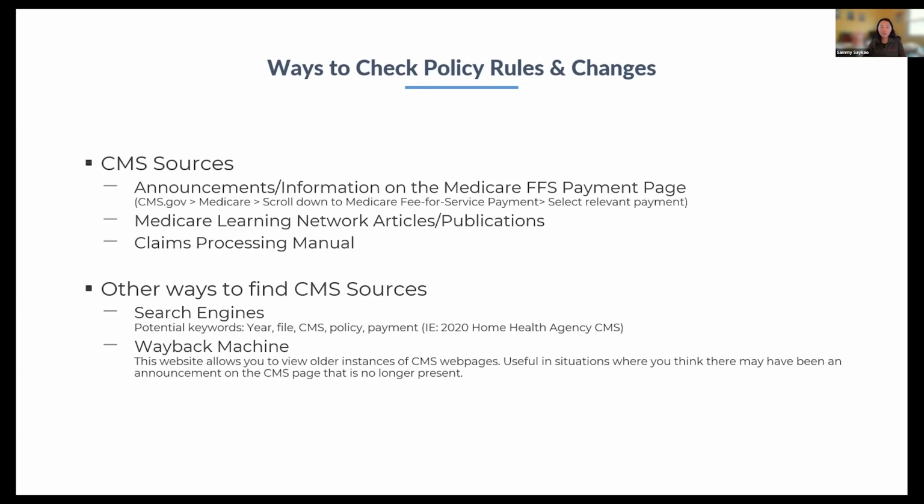For CMS, you can go back as far as 1996 or 1992. It goes pretty far back. Not every page is documented, so you will come up with a lot of 404s or error missing pages, but when you do find it, it feels very rewarding. So definitely try the Wayback Machine if there's an older policy that you're having trouble finding information on.